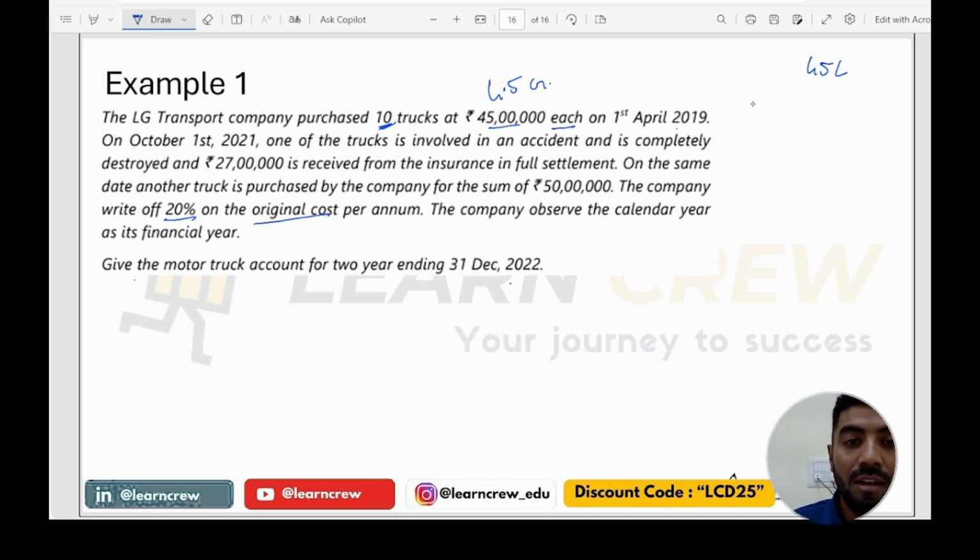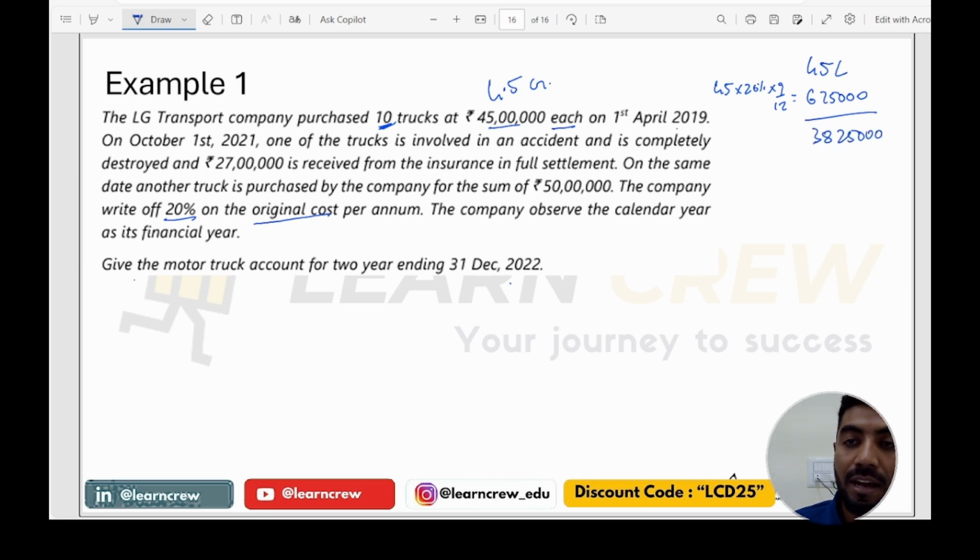That is 45 lakh into 20% into 9 by 12. We'll be getting a value of 6,75,000. Minus that, we'll be getting 38 lakh 25,000.